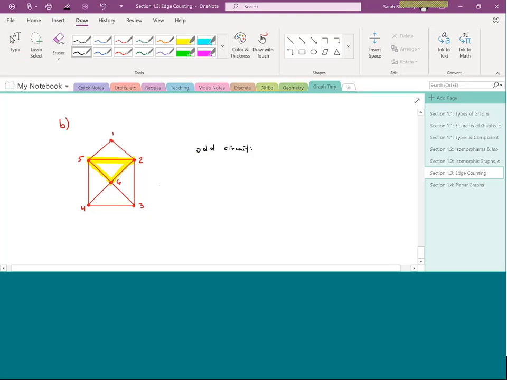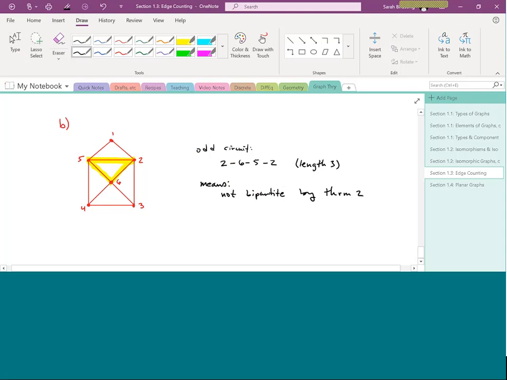And our odd circuit was 2, 6, 5, back to 2. Or go around the other way or start with a different vertex. This guy is length 3, or you could have just written, there is a length 3 circuit, and here it is. And what does that mean? This means this guy is not bipartite, and this is us applying theorem 2.